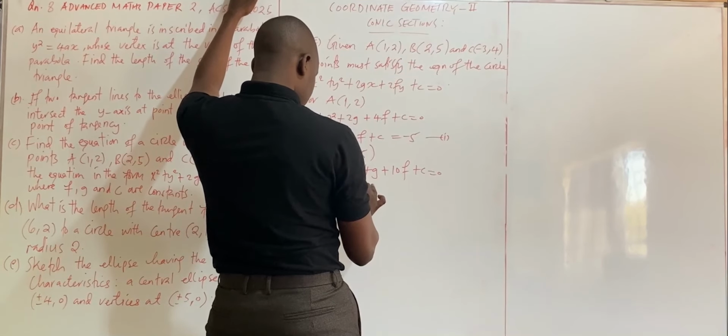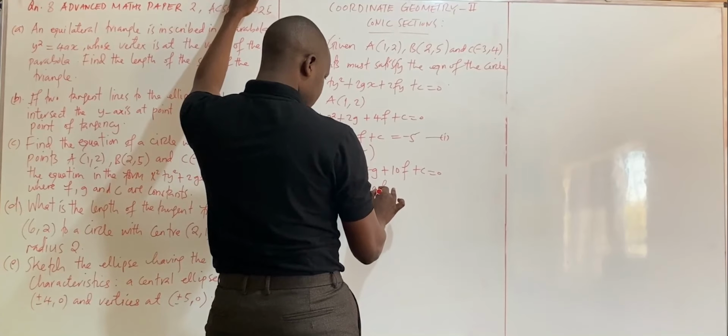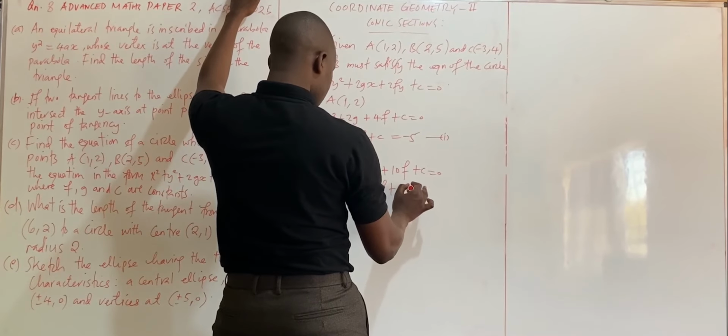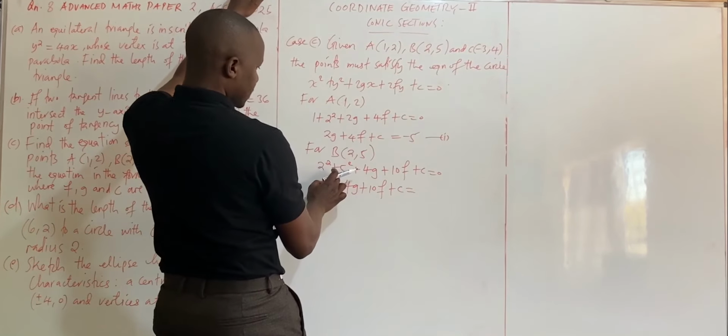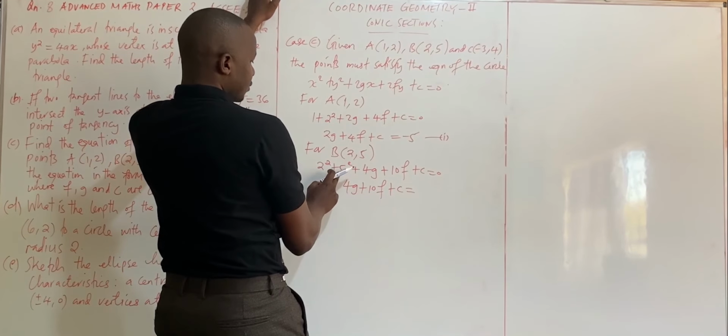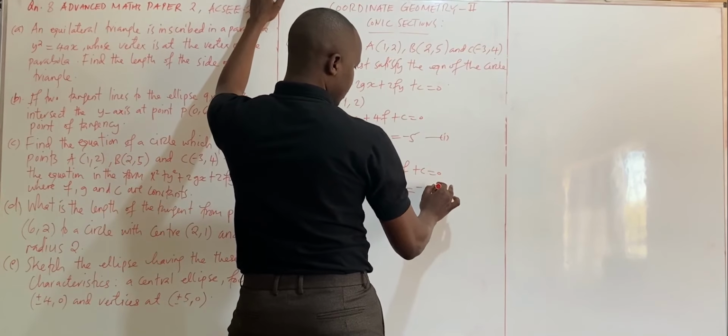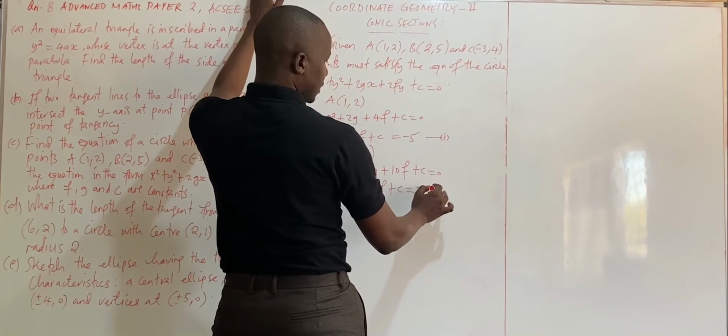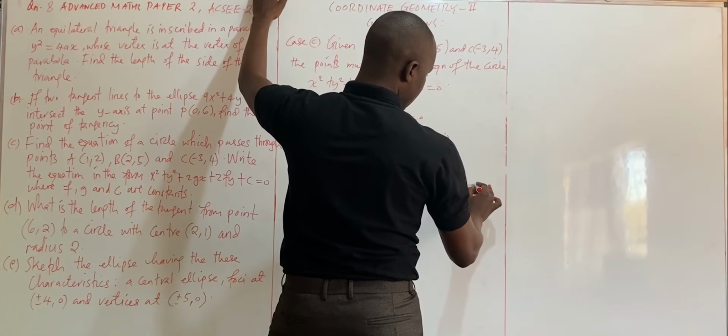So here we get 4g plus 10f plus c equals what? 4 plus 25, we get 29, so it will be negative 29, since 0 minus 29 gives negative 29. So this we mark equation 2.